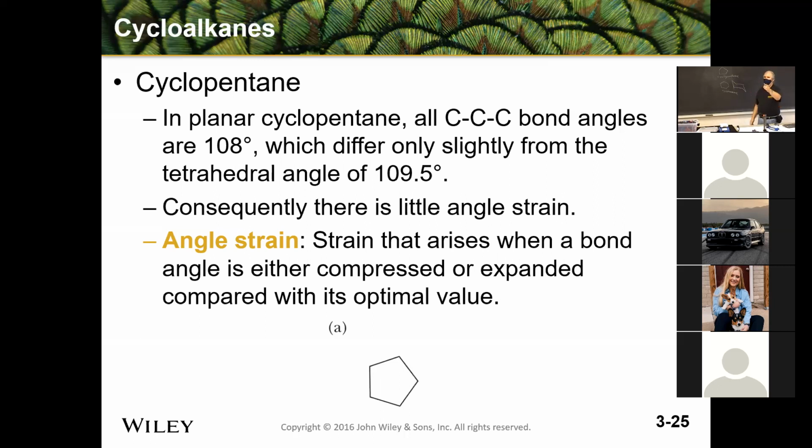This is what's called the envelope conformation. This is the flap on the envelope. And then if we look along one of the bonds here, we can see that we have relieved the eclipsing. The hydrogens are no longer eclipsed in the envelope form, so that helps to relieve the torsional strain.